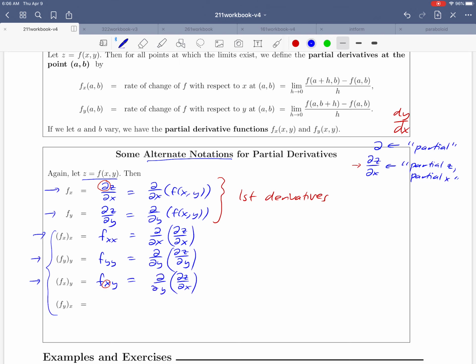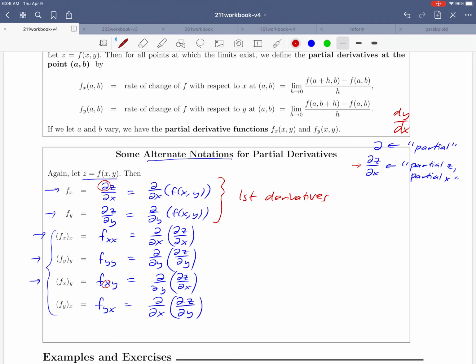Okay, so using the partial notation, that derivative would look like this. And the other way around, fyx, we'd be first taking the derivative of z with respect to y, and then after we have that derivative, we'd be taking the derivative with respect to x.